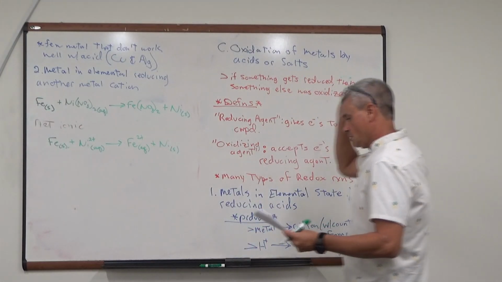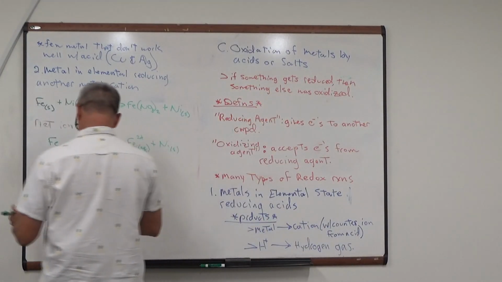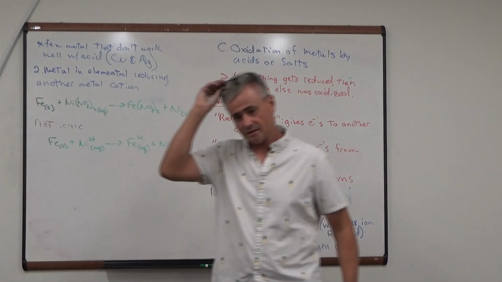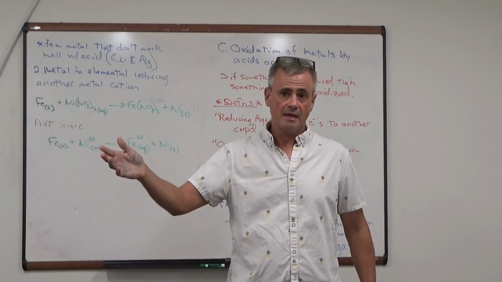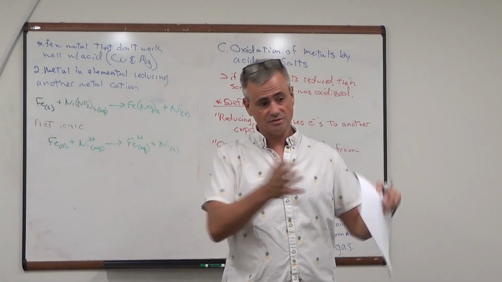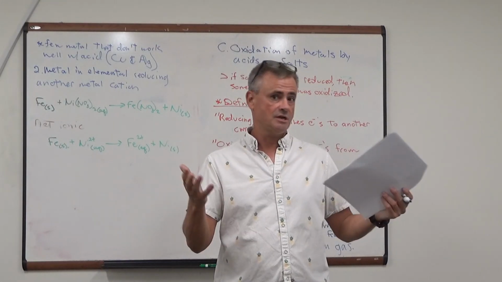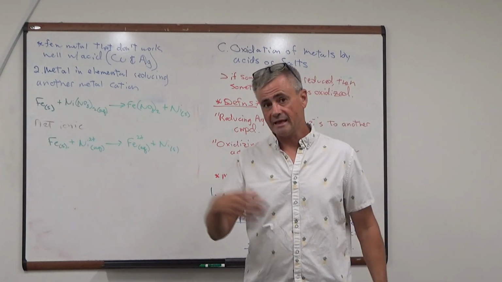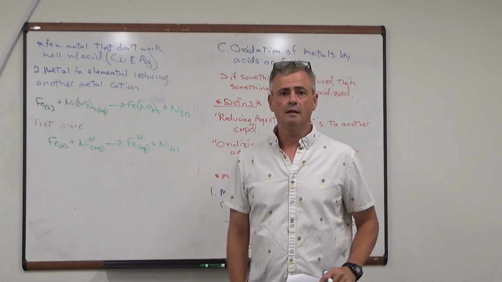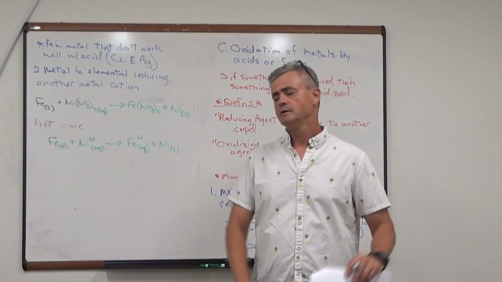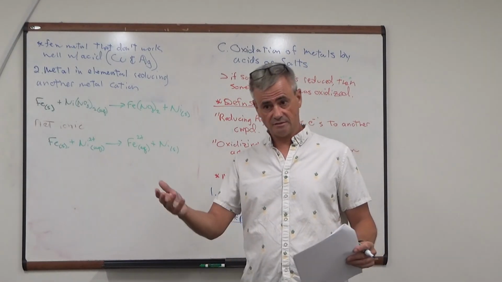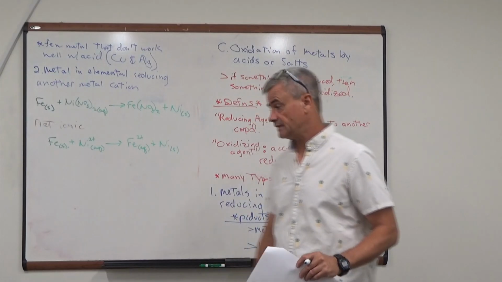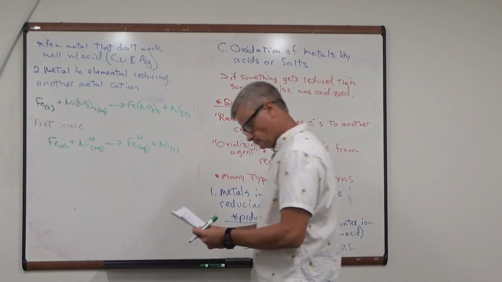The easiest way to do that is to look at each compound and figure out all the oxidation numbers and see who changed and how. If the oxidation number became more negative, then that compound was reduced. If the oxidation number became more positive, then that compound was oxidized.